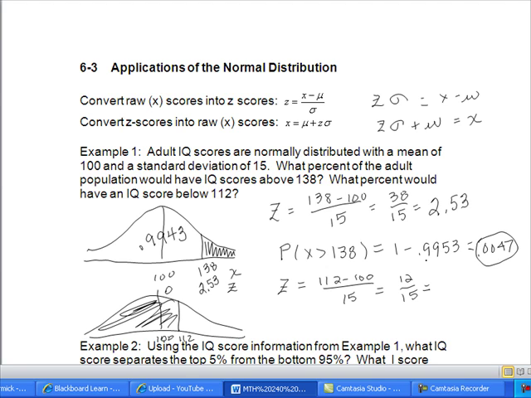So that would be 0.80, and again, it's positive. 0.80 is 0.7881. So in this case, the probability x is less than 112 is what we just looked up in the table.